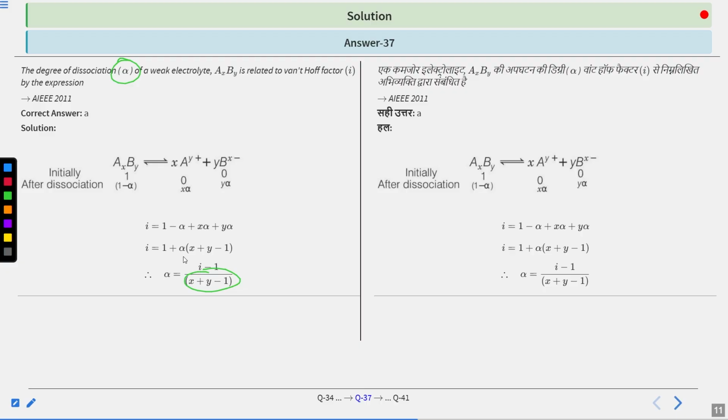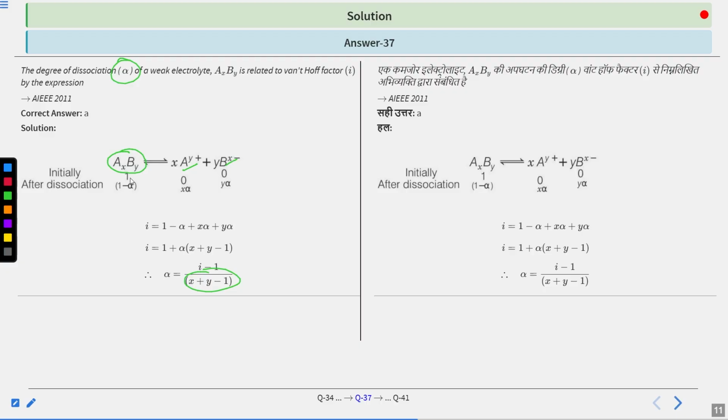So how have we dissociated it? Since it was AxBy, it will dissociate into xA with y plus charge plus yB with x minus charge. The charge can be placed here or there, that's no difficulty. But since we know that first we write the metal, that is the cation, and then the anion, we have just taken the convention here. Initially it was one particle, and here it was 0 of this and 0 of this.